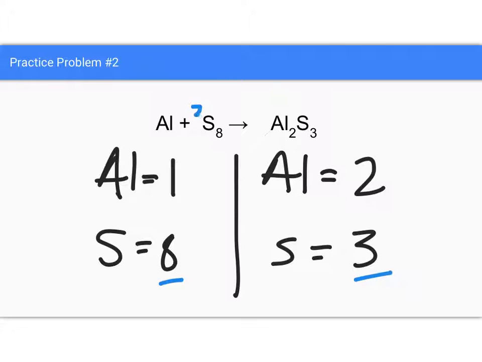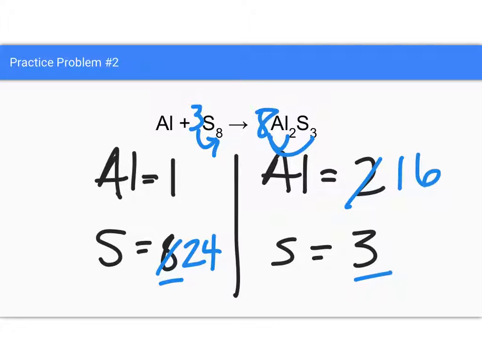If I put a coefficient of 3 on the left-hand side, now I have 3 multiplied by 8, I have 24 sulfurs on the left. If I put a coefficient of 8 on the right-hand side, this is going to affect both pieces of that molecule. So 8 times 2, now I have 16 aluminums on the right. 8 times 3, now I have 24 sulfurs on the right. So again, this is kind of a system of checks and balances.